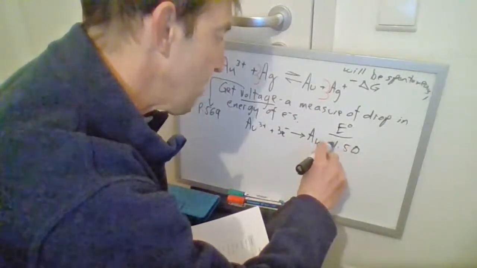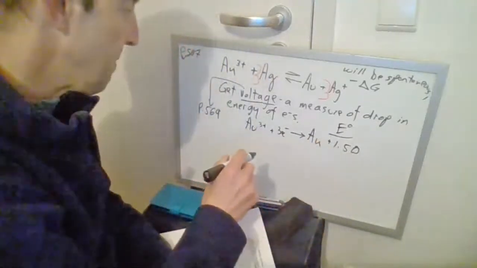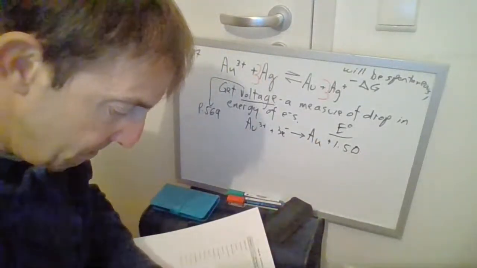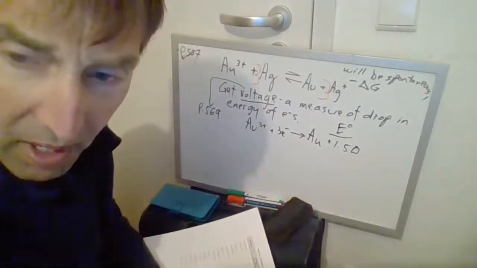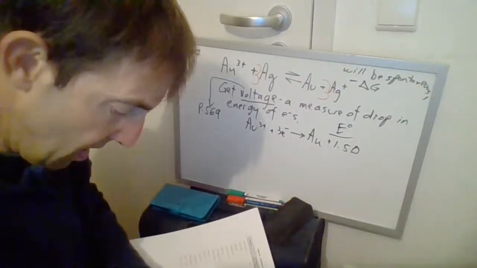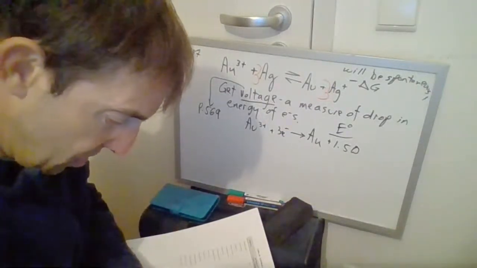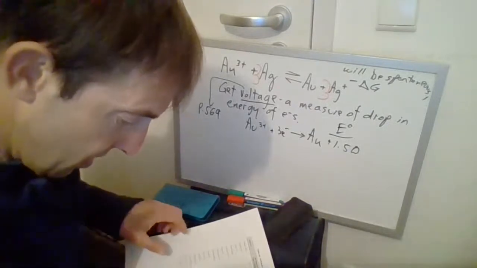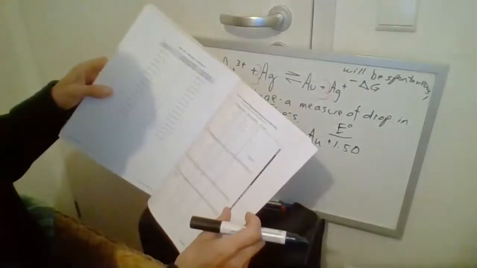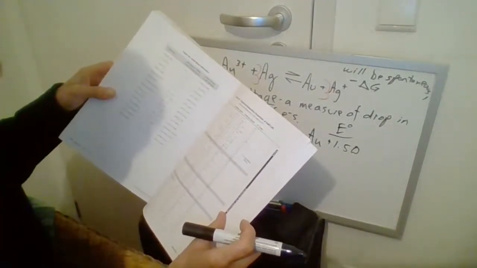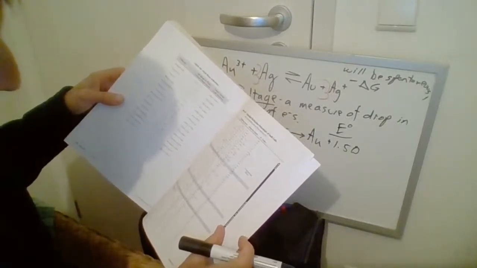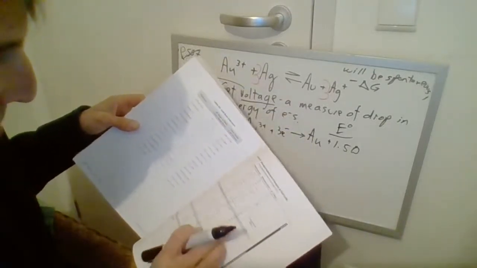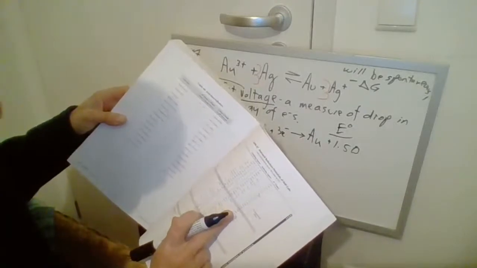I can put a plus there to make you feel good. And then the other one, you'll see why I'm writing this out again. The other one is the silver one, which you're going to find quicker than I because I'm sitting here in a basement. And it's 0.80 volts. Everybody find that? 0.80 volts.